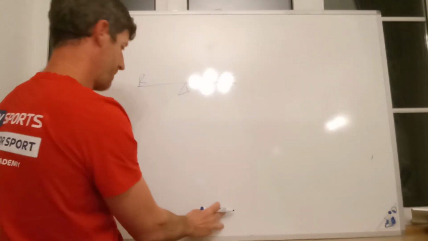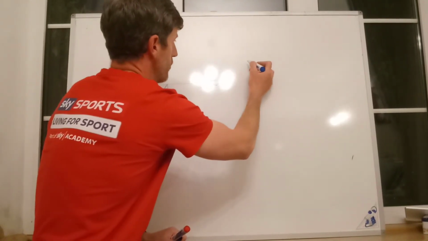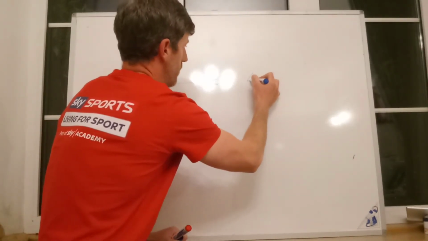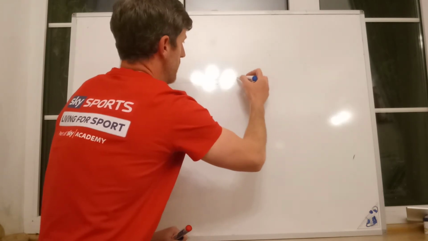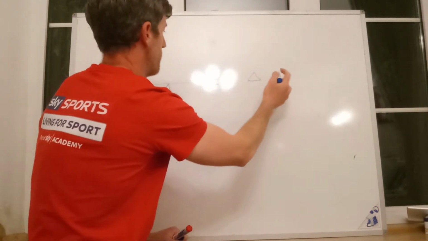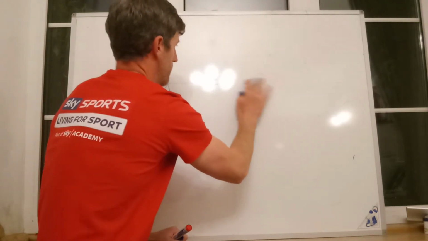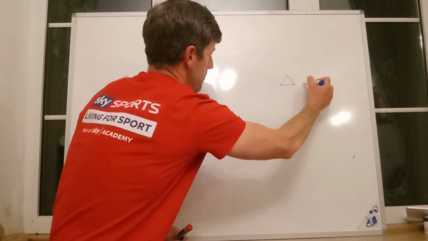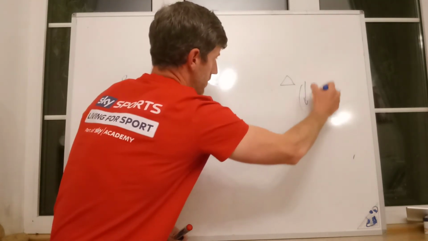How that works is, I don't know if you can see this very well, but the effort is happening that side. The fulcrum would be there. Effort is the tricep muscle.